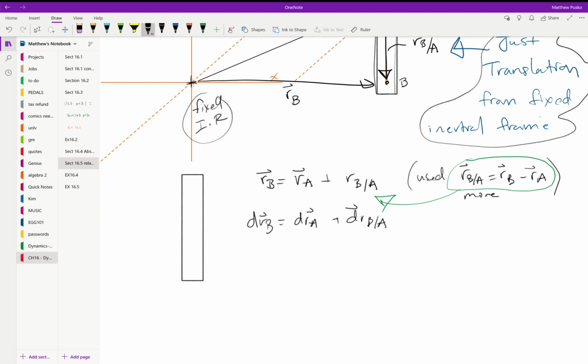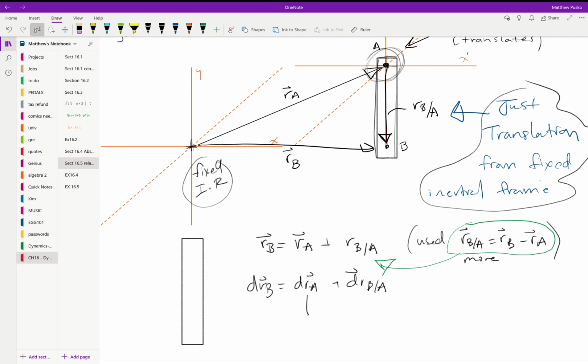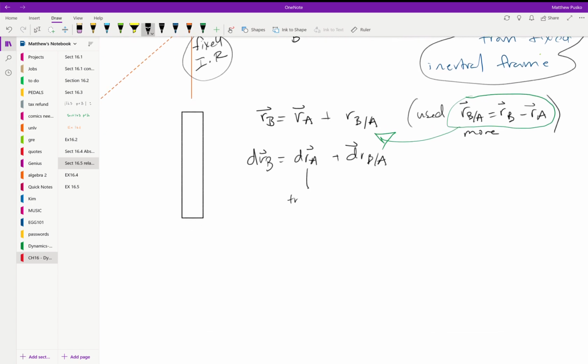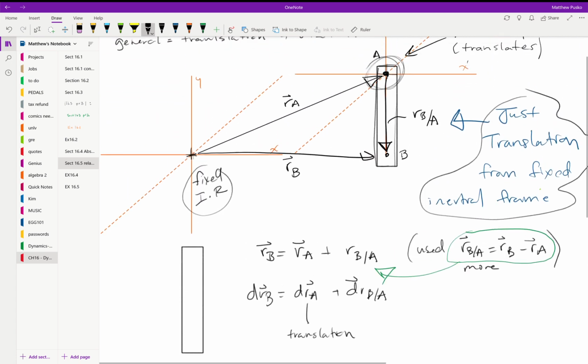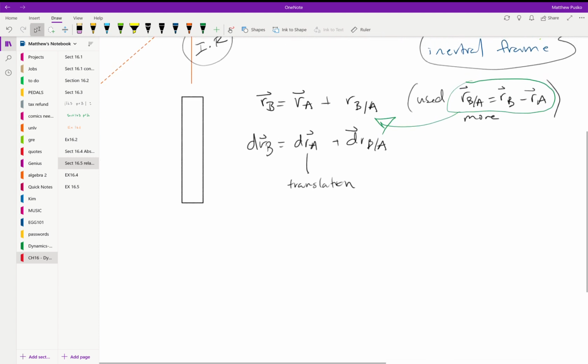And so what do these differential movements come from? If we look at A, the movement of A is strictly from a translation. The movement of B with respect to A, well, let's draw something out first.